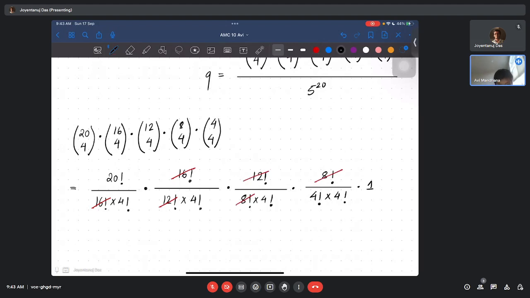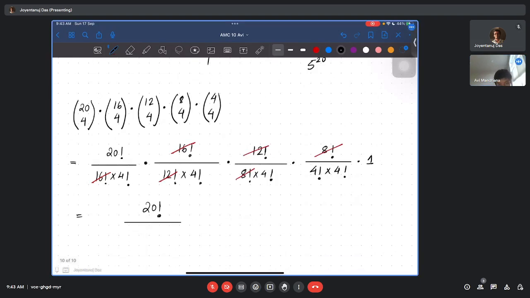So 20 factorial over all the 4 factorials that are left. But how many 4 factorials are there? 5 of them, so 4 factorial to the power 5.